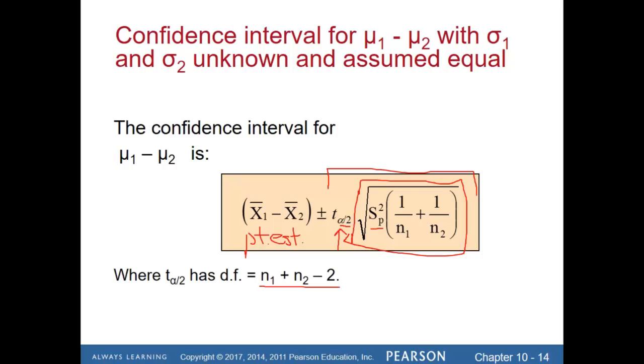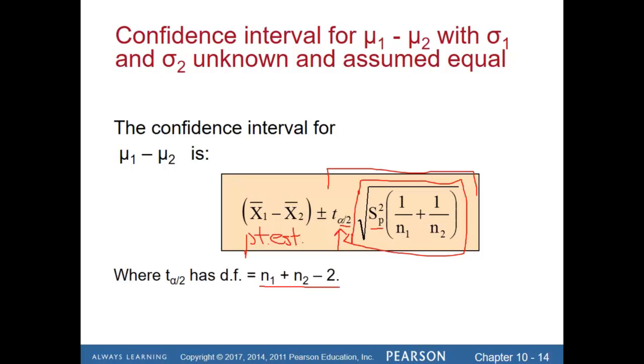So the really good news is that we've calculated almost all of the pieces that go into this formula. We've calculated the difference between the two sample means. We've calculated the standard error. We know what the critical value of t is for 1/2 of alpha with 48 degrees of freedom. All of that's already in our spreadsheet.